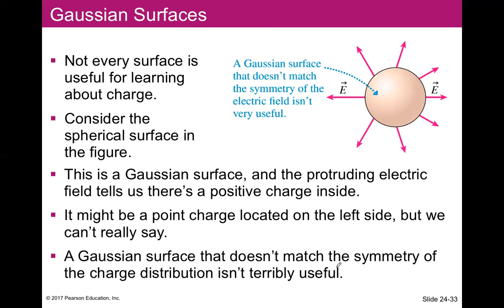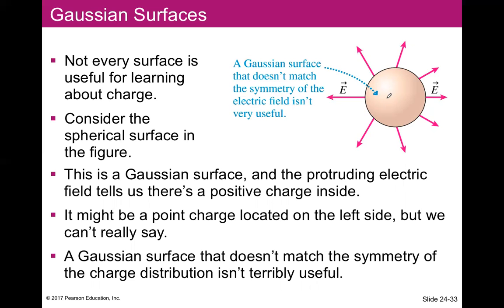As we showed in one example there, if you remember that example, it's a half sphere. When there is a half sphere, it's impossible to make a Gaussian surface which has a good symmetry for the calculation. So the same thing here. We don't know what's inside here. It might be a charge on the left side of the sphere.